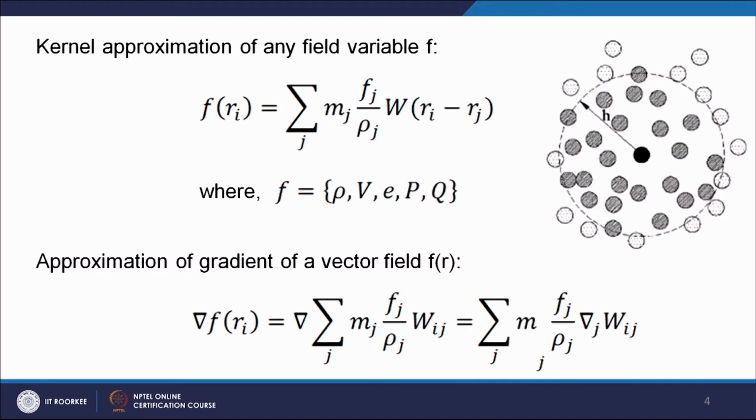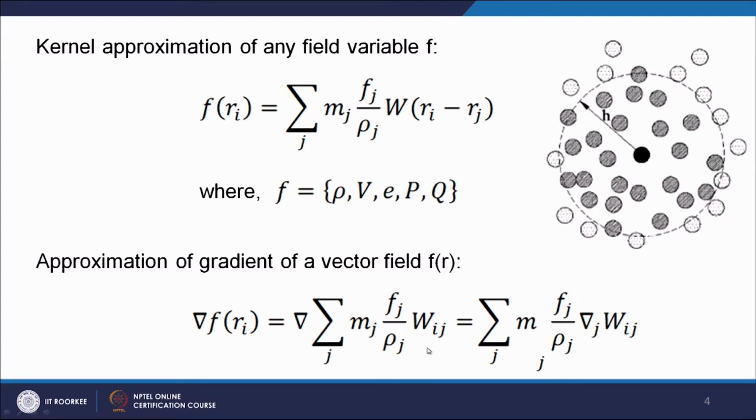Let us say the first derivative you want to make with respect to Ri, over this F of Ri. You will find that this term, Mj into Fj by rho j, will act as constant.